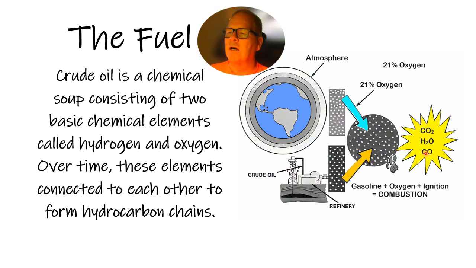Now CO is carbon monoxide. That's typically from a mixture that's just a little bit too rich. If it's balanced, you won't get anything but these two. If it's a little out of balance to the rich side, you're going to get CO. If it's badly out of balance, so that a lot of the fuel's not even burning, you're going to get hydrocarbons. I didn't put that in this diagram, but that's the way it works.